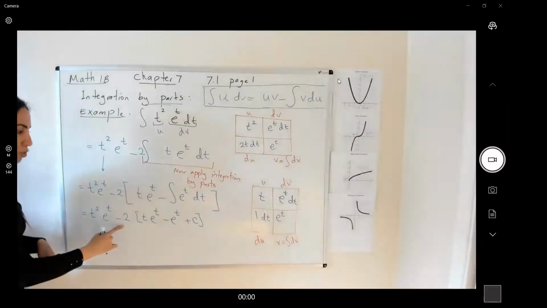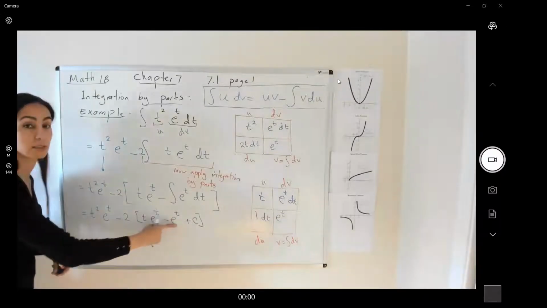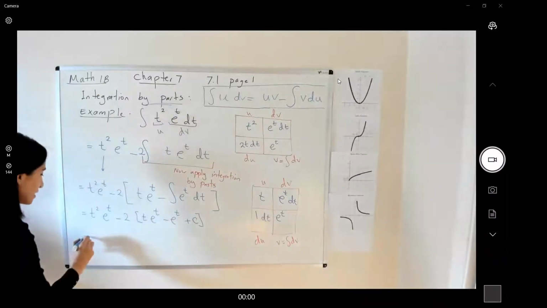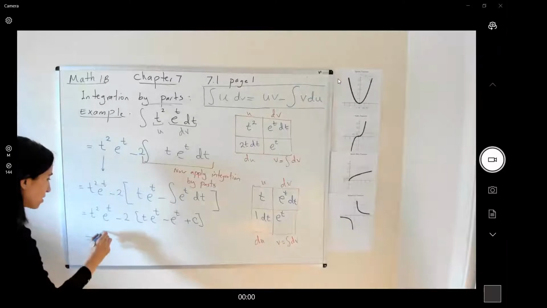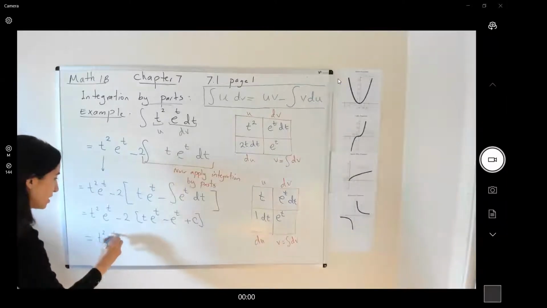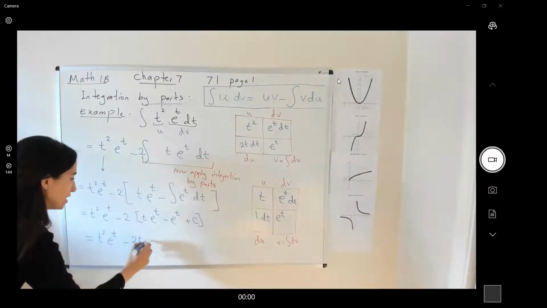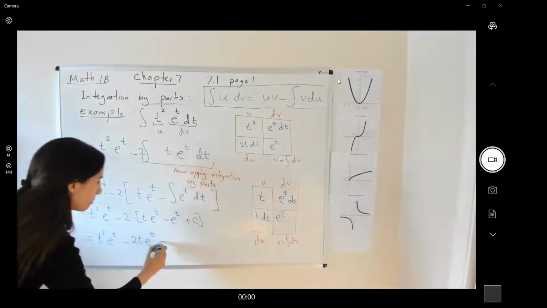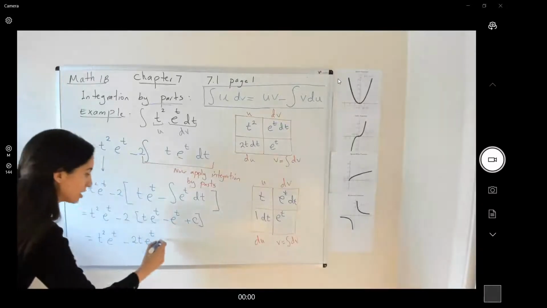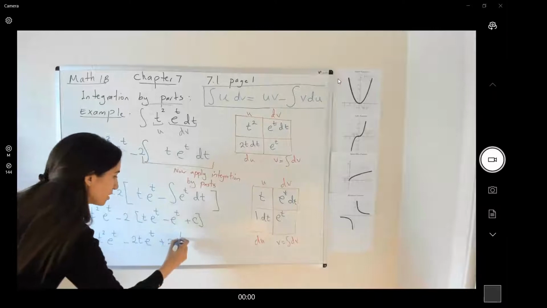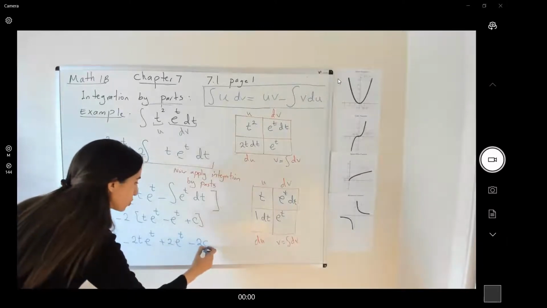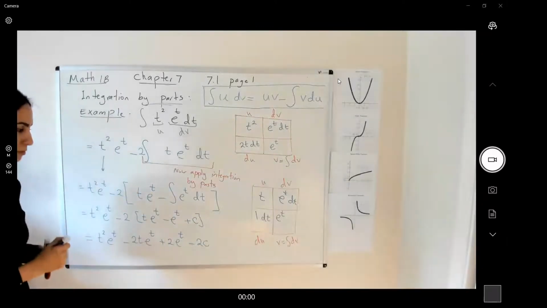We can distribute this minus 2 inside the bracket: t squared e to the t minus 2t e to the t plus 2 e to the t minus 2c.